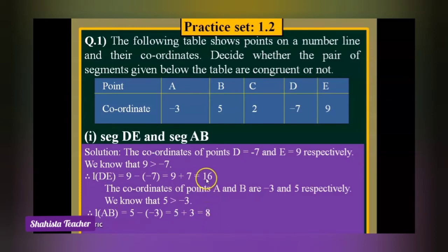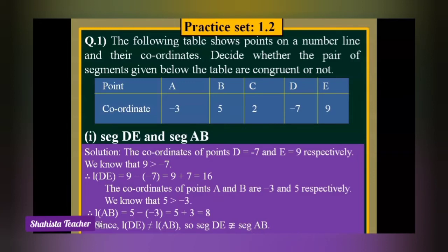So length of DE is not congruent to length of AB. This is small l. So segment DE is not congruent to segment AB.